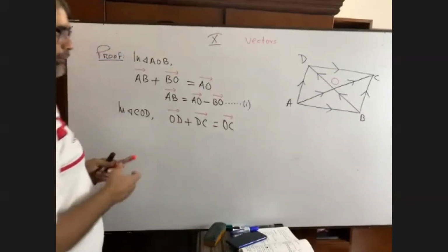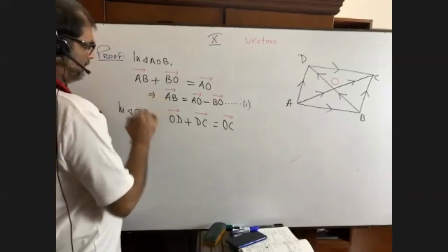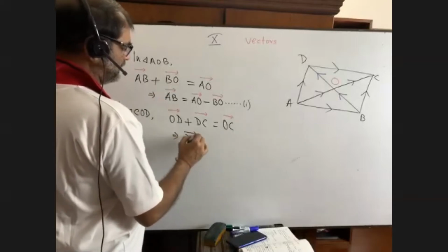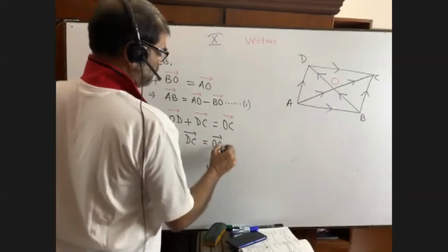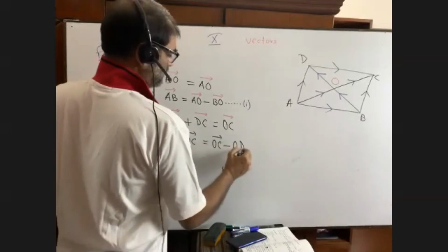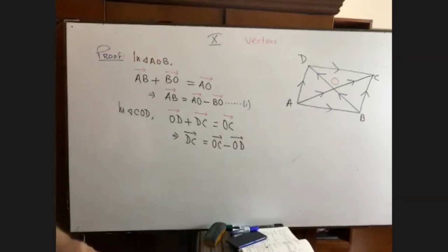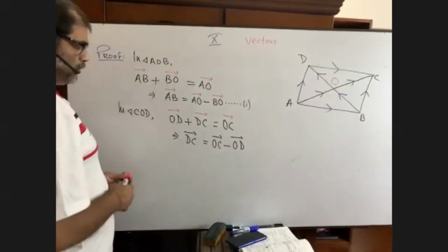I told you AB and DC. So we can write here DC is equal to OC minus OD. Can you please go to the particular enunciation? What was written for OC?